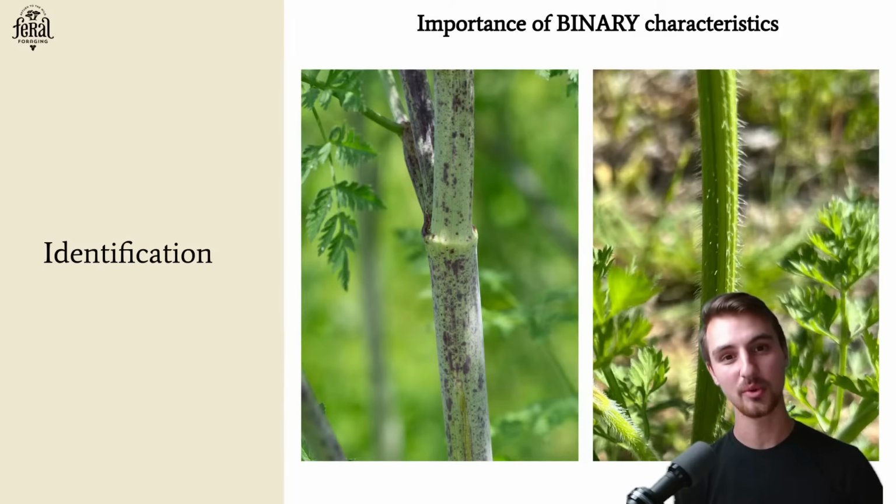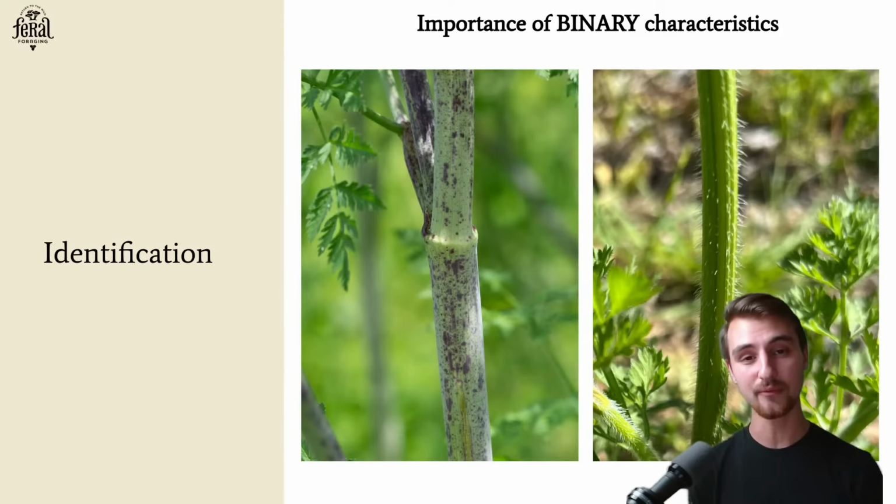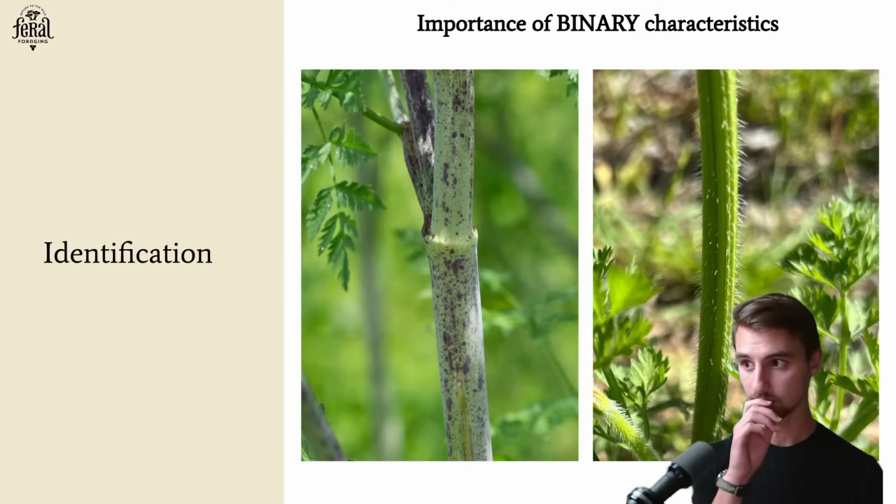That is not something that we should try to use, especially early on, if we're trying to distinguish, especially in this case, an edible plant from a deadly one. Because if you're first starting out, how do you know what a little hairy is or what a lot hairy is? You need frames of reference for that first. So that's why these binary characteristics are so important.